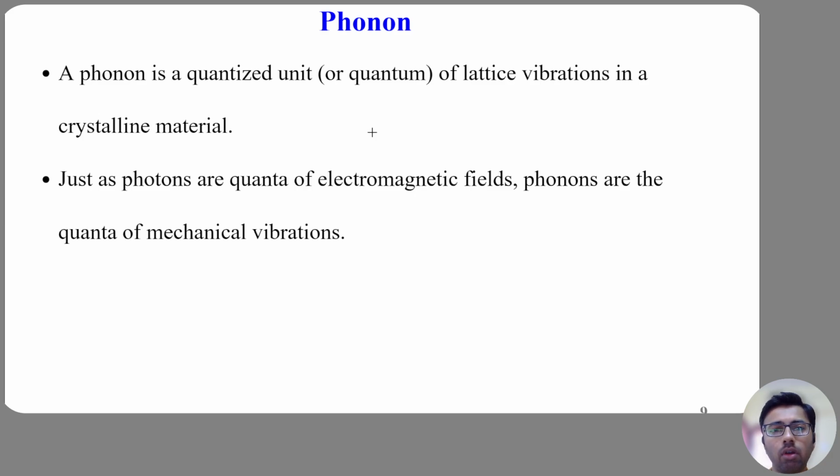Sometimes a photon alone cannot satisfy momentum conservation. In such cases, the crystal lattice must assist by absorbing or emitting a phonon. This interaction between electrons, photons, and phonons is fundamental to understanding indirect bandgap materials.